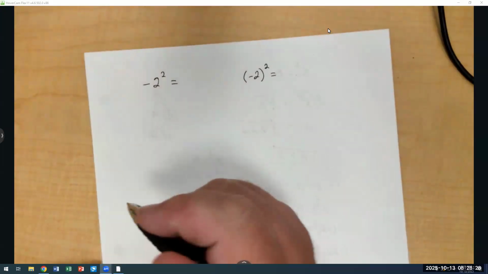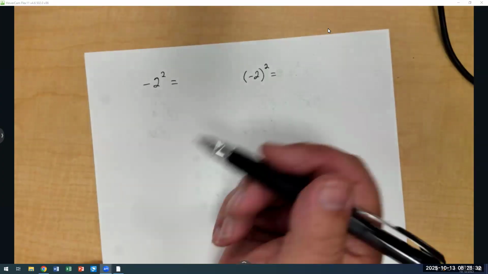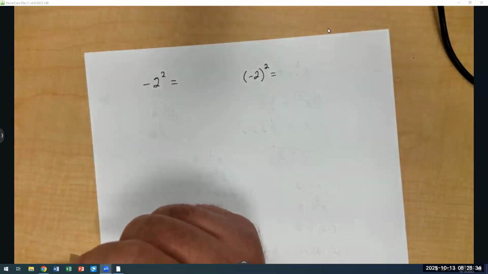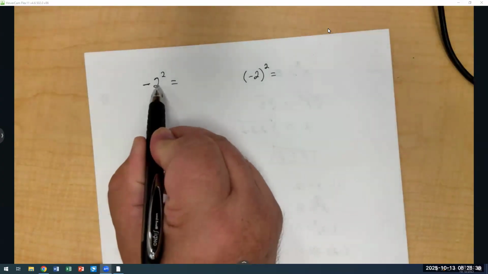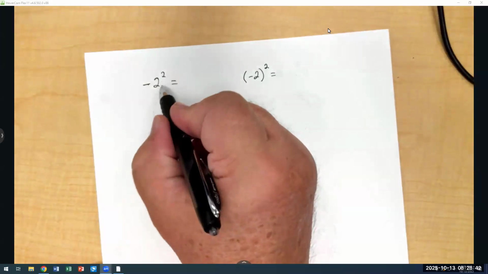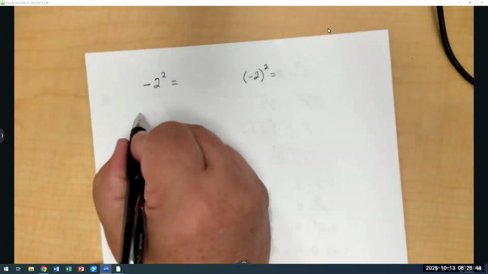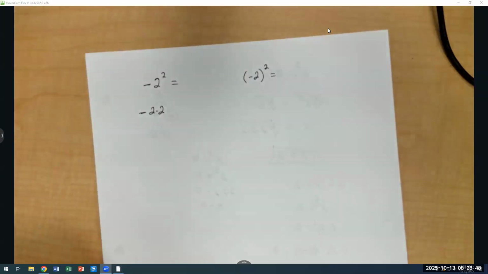Remember, in order of operations, what comes first? Special operations or multiplication and division? Special operations. What we have here is a negative times 2 squared. This is an exponent. So what this says is negative, 2 times 2.